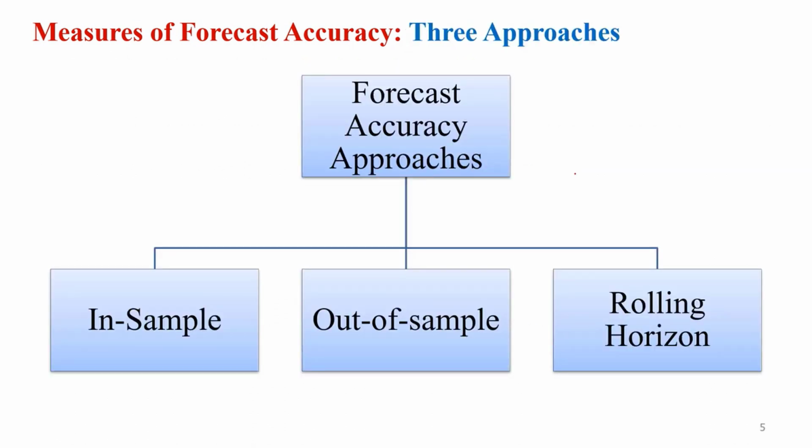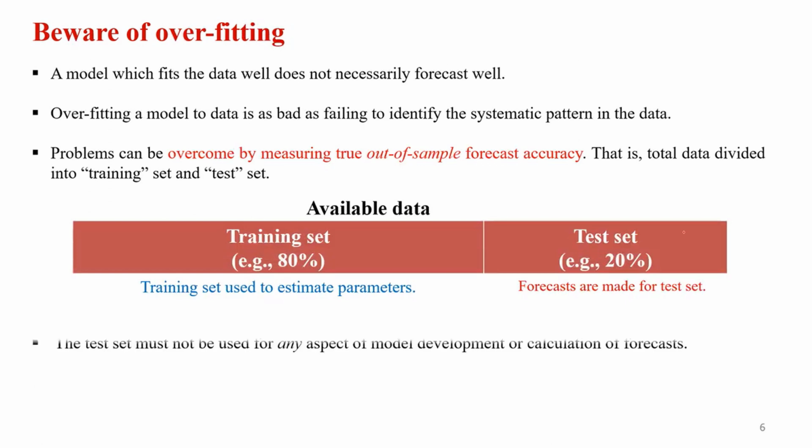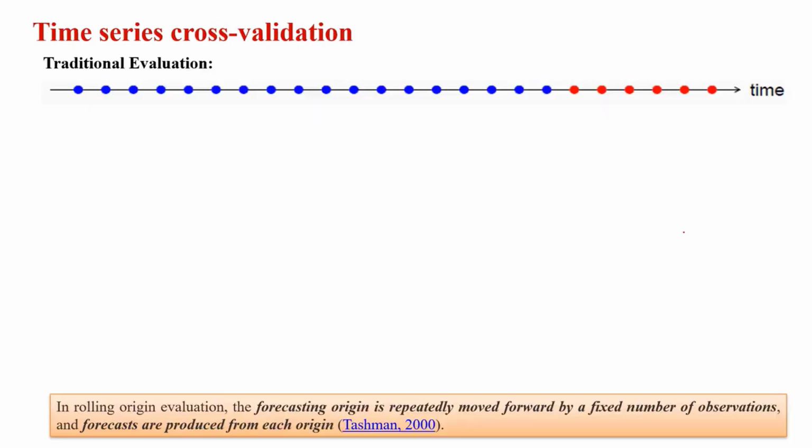But the main concern of this video is that we are going to find out the measures of forecast accuracy, whether you want to find the forecast accuracy in sample, out of sample, or on a rolling horizon basis. When we say in sample, what does that mean?